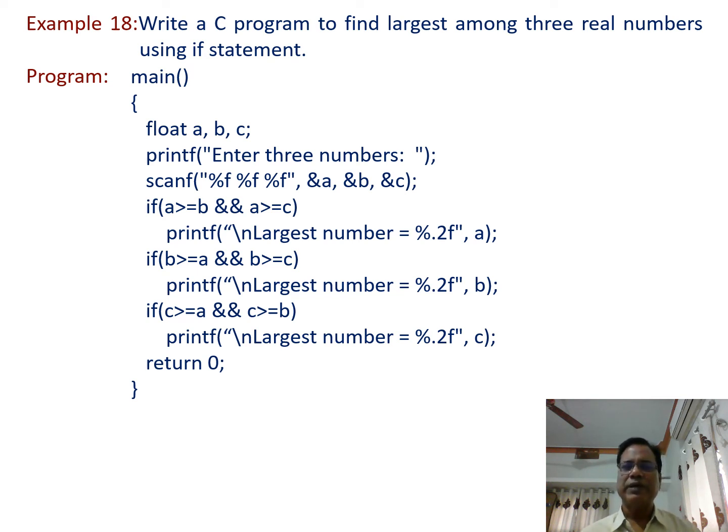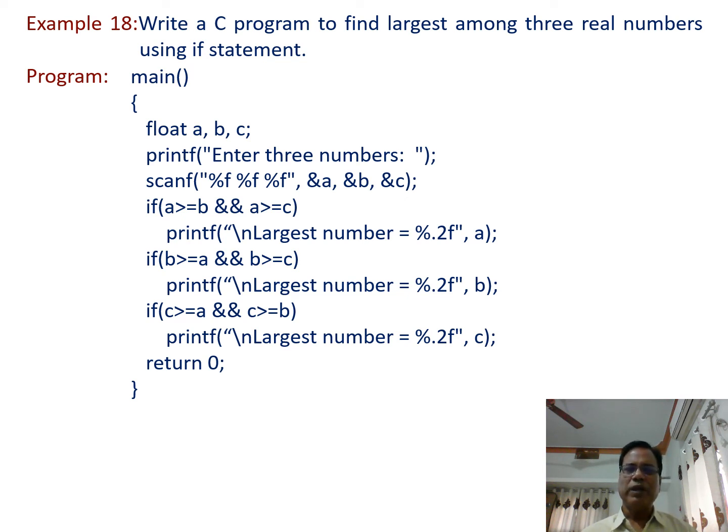So %f, %f, %f, three real data are taken in and stored in the variables a, b and c that are declared as float type.